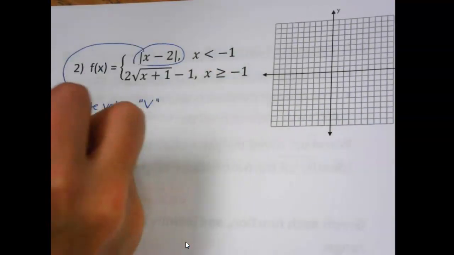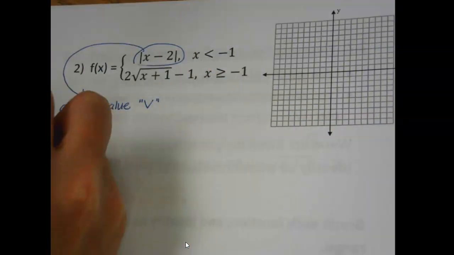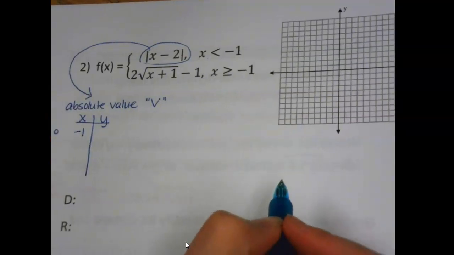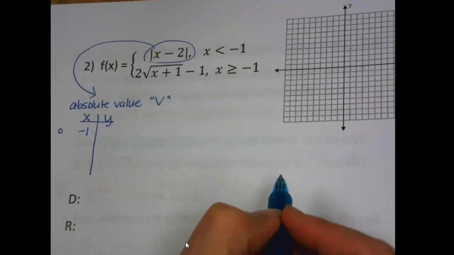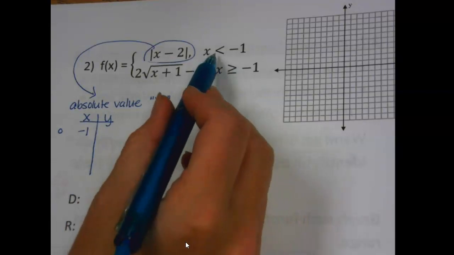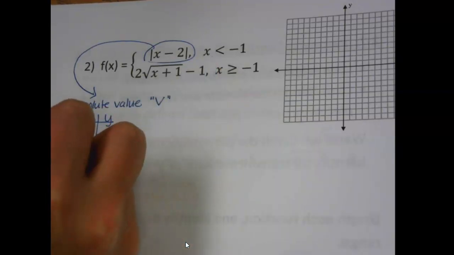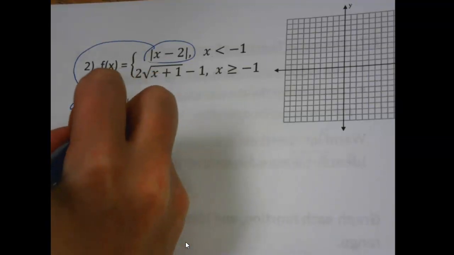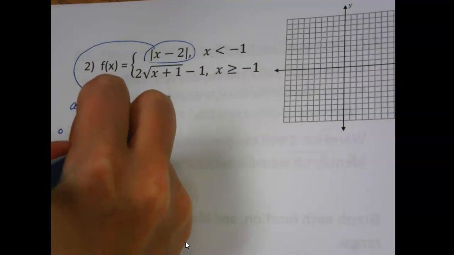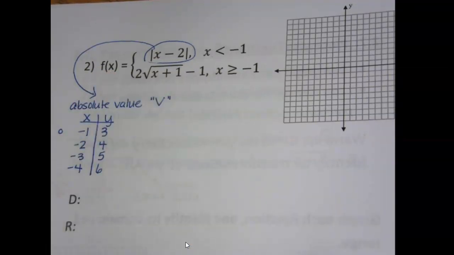So I start my table at -1, noting that at -1 it's going to be an open circle. Then I want some numbers less than -1. So -2, -3, -4. Then I substitute those into the absolute value. Remember, absolute value always comes out with a positive answer.